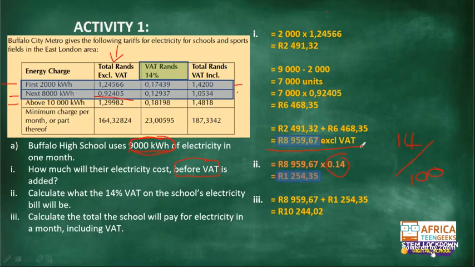Yes, wow, well done, guys. As you can see, I made a bit of a finger error here. So let's cross that out. It is 10,214.02. Well done, guys. Very nice. Well done.